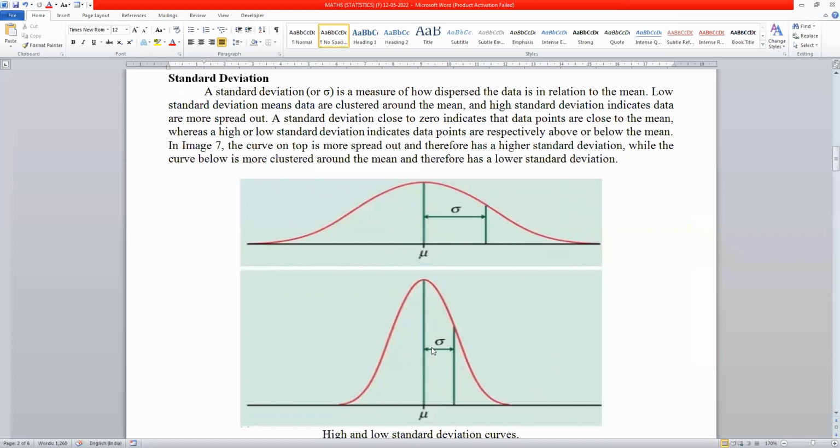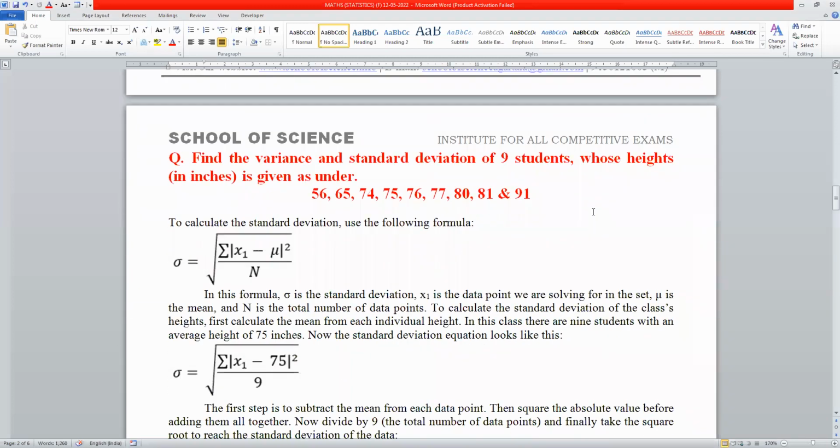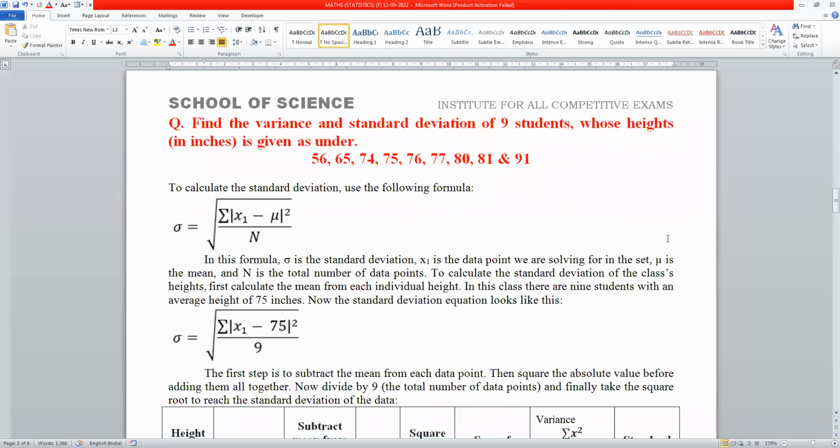Okay, now we'll directly move to the problem, today's question, and I'll just let you know how you should do all these things. See, there are two things to be found.